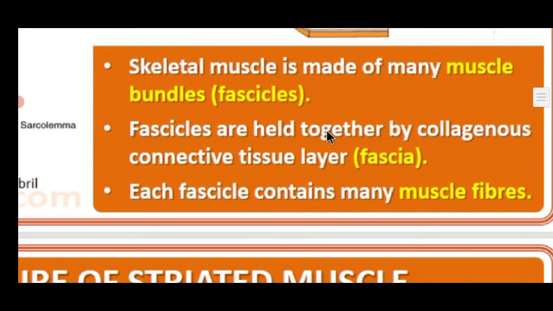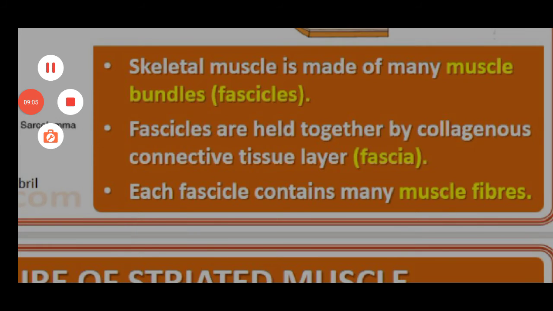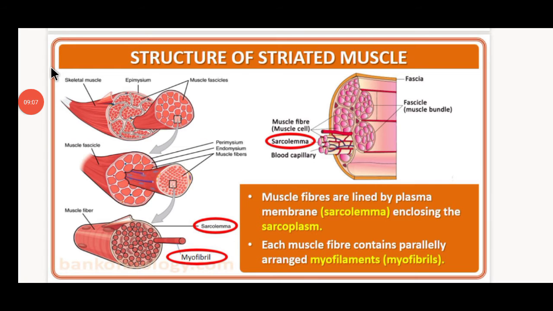Now can you guess what is inside the muscle fiber? Let us recap a little bit. Firstly, there is a skeletal muscle, and the muscle has muscle bundles, and these muscle bundles have muscle fibers.